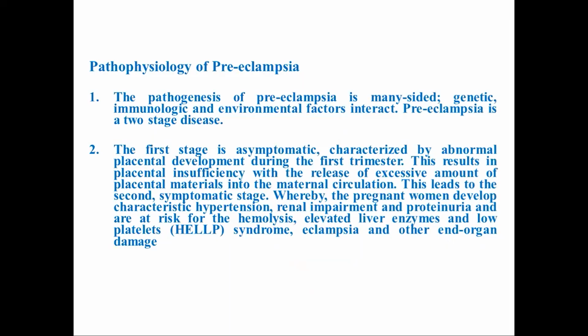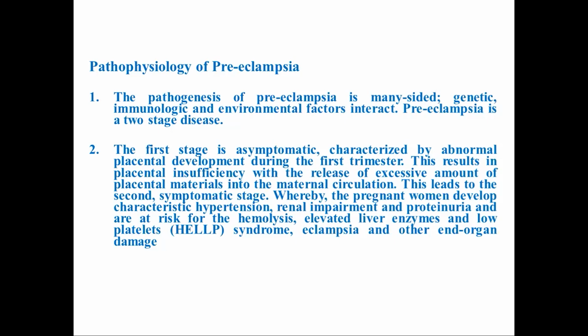So the pathophysiology of preeclampsia, the pathogenesis of preeclampsia is many-sided. The genetic, immunologic, and environmental factors interact. Preeclampsia is a two-stage disease. The first stage is asymptomatic, characterized by abnormal placental development during the first trimester. This results in placental insufficiency with the release of excessive amount of placental materials into the maternal circulation.